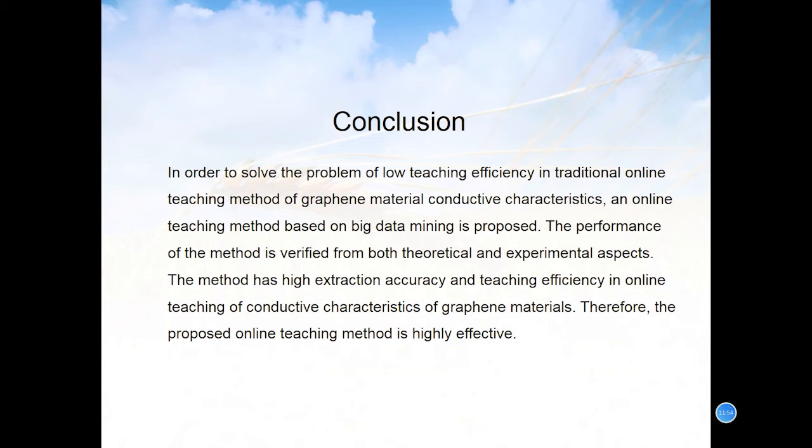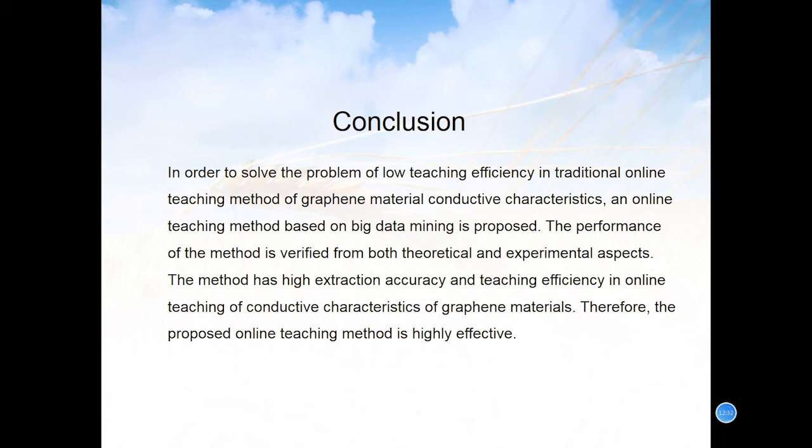Conclusion. In order to solve the problem of low teaching efficiency in the traditional online teaching method of graphene material conductive characteristics, an online teaching method based on big data mining is proposed.